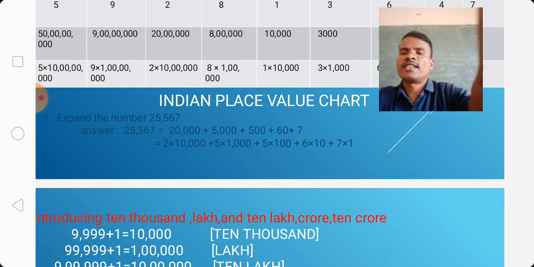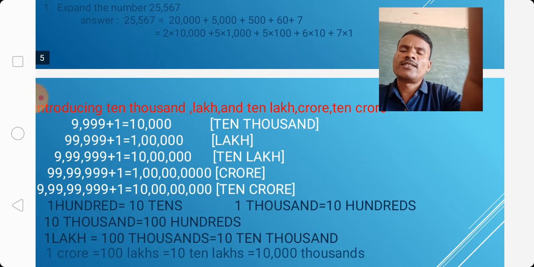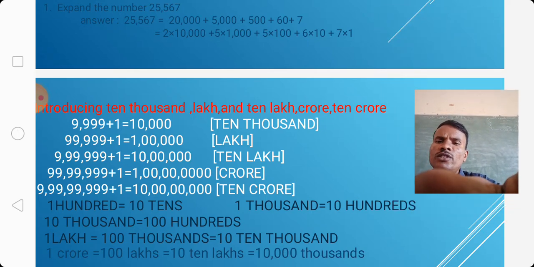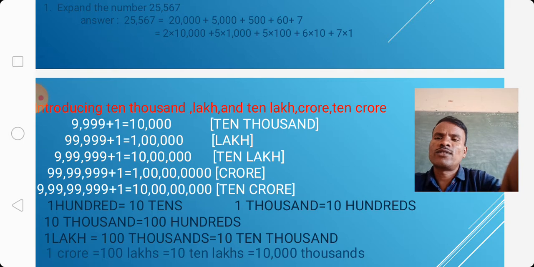Now come to the next slide, that is introducing 10,000, lakh and 10 lakh, crore, 10 crore like this. First one, we know already about 9,999. If we add plus 1, that becomes 10,000.